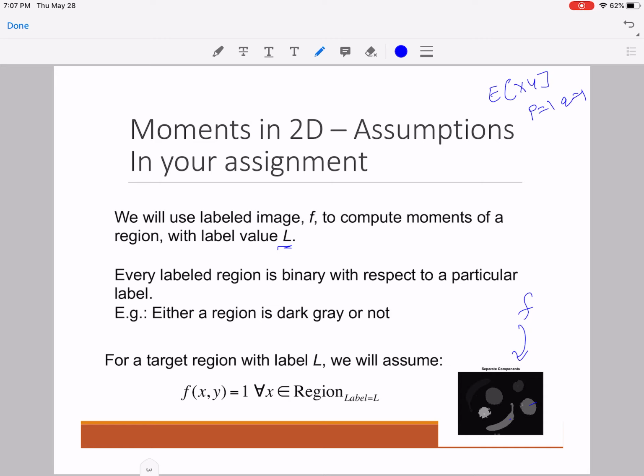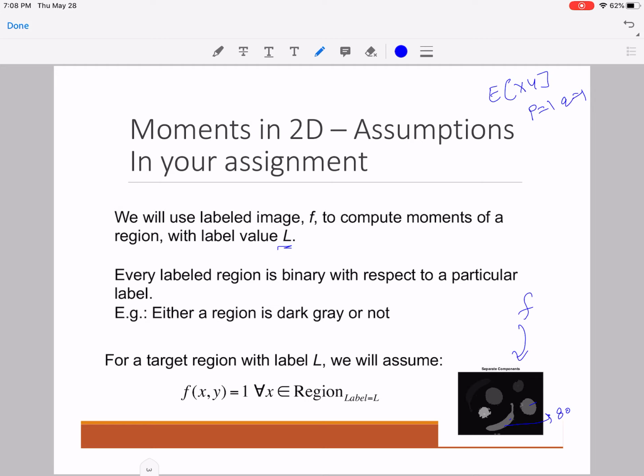There's one interesting aspect: each of these objects is labeled differently. So for example, let's say this banana, for hypothetical reasons, gets a label equal to 80, then the other objects, including the background, are going to get labels other than 80. So this image can be considered binary with respect to a particular region.